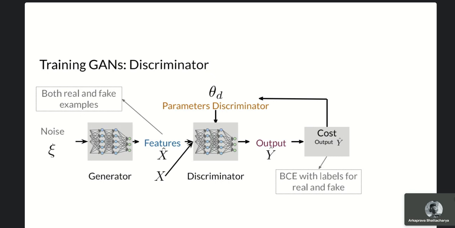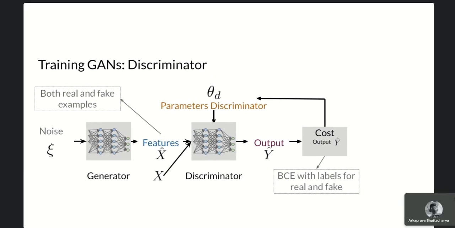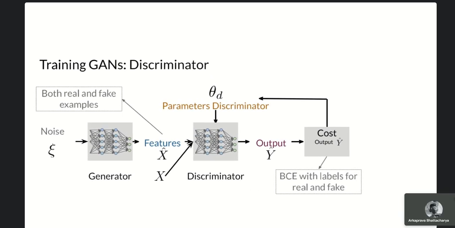The discriminator computes the binary cross entropy loss function, and this is used to update its weights. At this point we are only updating the weights of the discriminator. Theta d, as you can see on the slide, represents the parameters of the discriminator model.